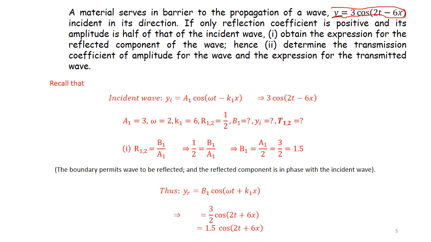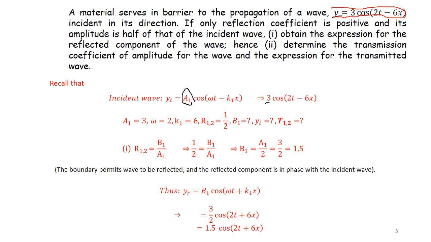Now look at it. We have the amplitude of the incident wave, A1, which is 3. Now it said if the reflection coefficient is positive and its amplitude is half.